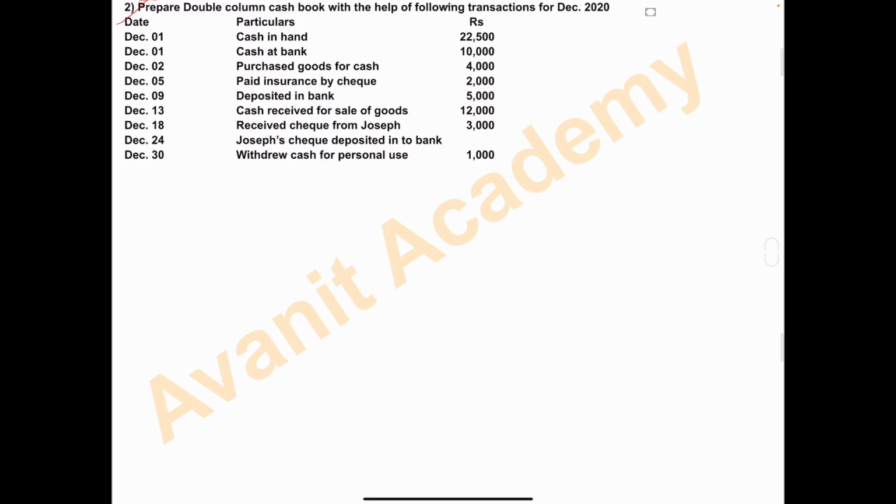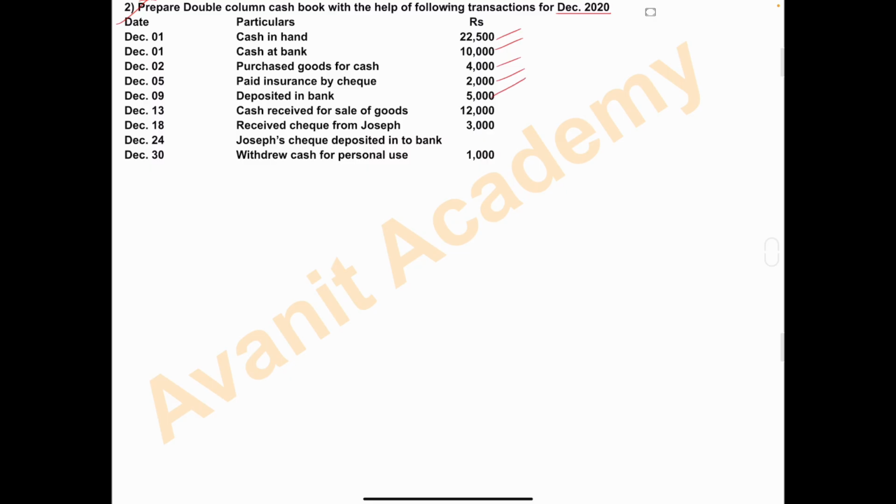Prepare double column cash book with the help of following transactions for December 2020. 1st December, cash in hand, rupees 22,500, and on the same day, cash at bank balance is 10,000. 2nd December, purchased goods for cash 4,000. 5th December, paid insurance by check rupees 2,000. 9th December, deposited in bank rupees 5,000.